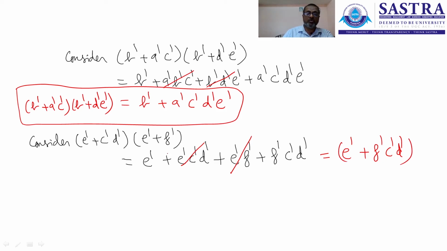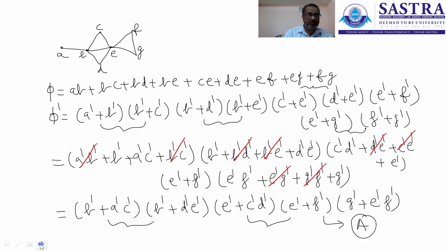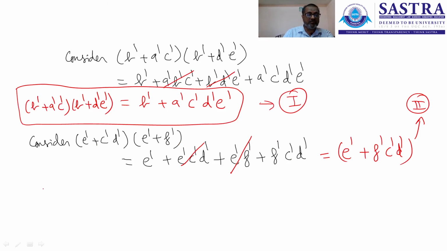So I'll call this 1. I'll call this 2, because I think I have called the previous one A. Now I will consider the product. What is this? (B' + A'C')(B' + D'E').